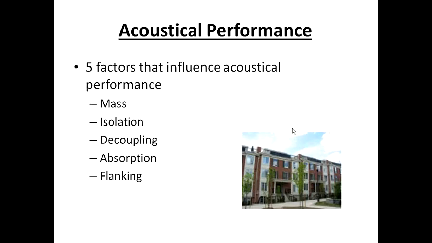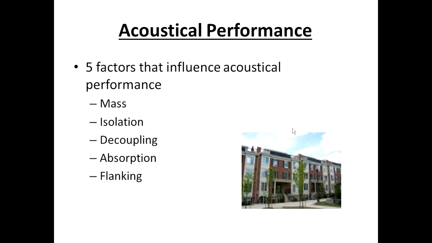The last positive influence on acoustical performance is absorption. As sound waves, or sound energy, go through a blanket, a sound blanket, glass or mineral fiber, it starts the individual fibers of that insulation moving, and it effectively transfers sound energy into heat energy, thus reducing the sound energy.